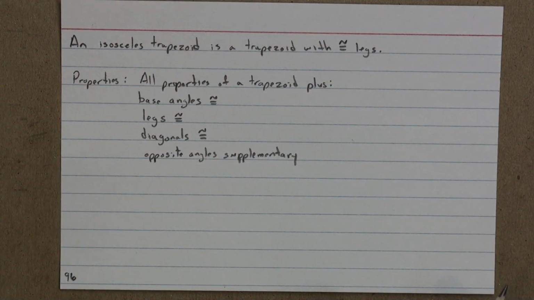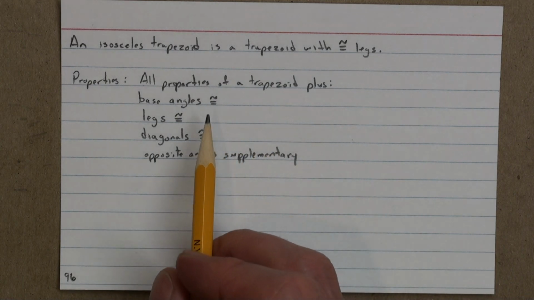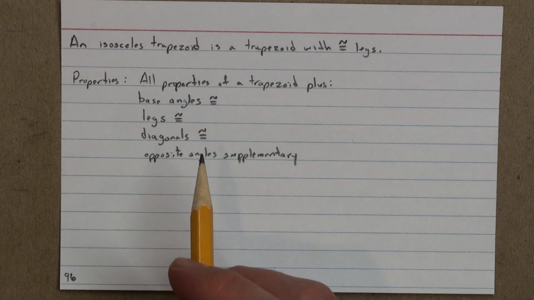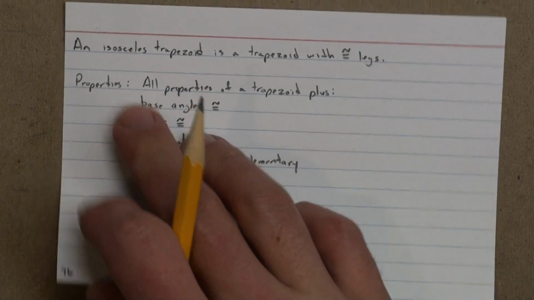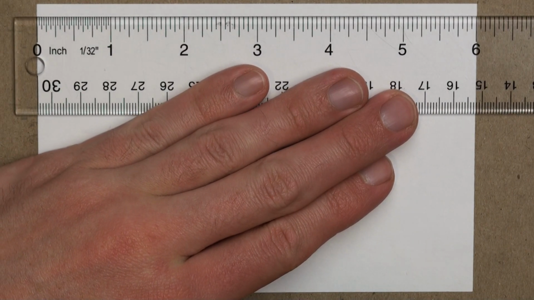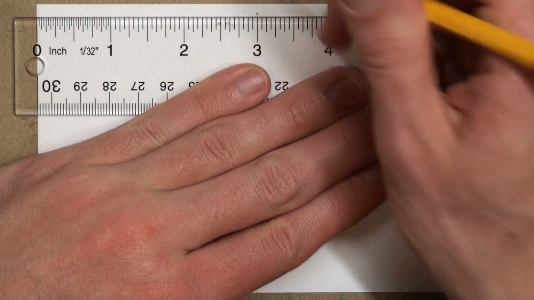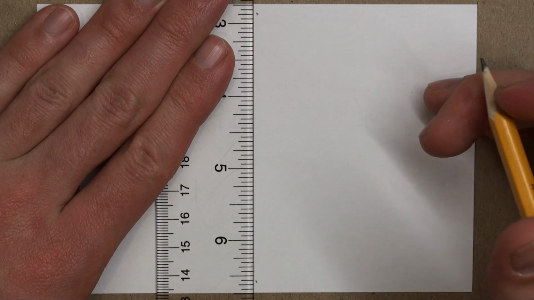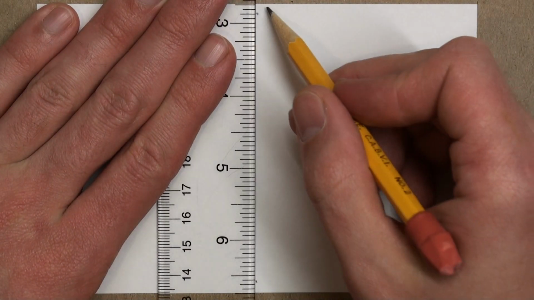Alright, so now let's draw some pictures. Now let me think of how many I want to draw for this. I probably want to draw 4 pictures for this, believe it or not. So let's see how I can do that. Let's divide this in half, vertically and horizontally, and we'll draw 4 pictures of an isosceles trapezoid, 1 in each box.